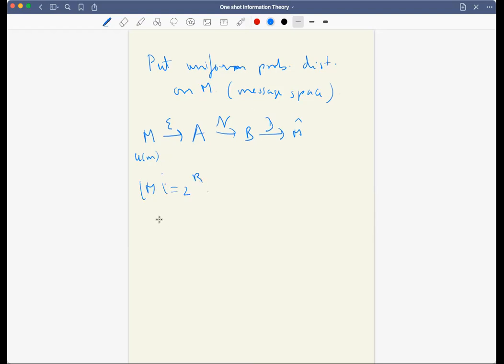Now what do I have? Let me look at the probability distribution on M comma M hat, which is coming out of this entire process. The entire process means put the uniform distribution on M, pass it to the encoding, pass it to the channel, pass it to the decoding, get M hat.